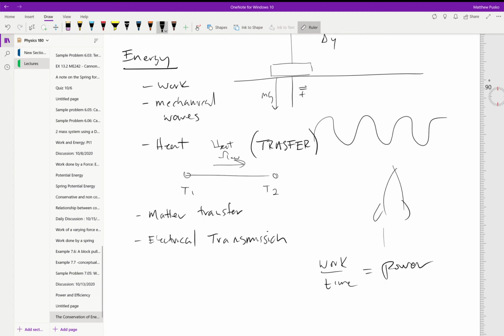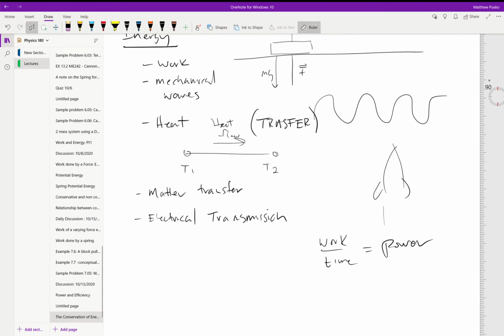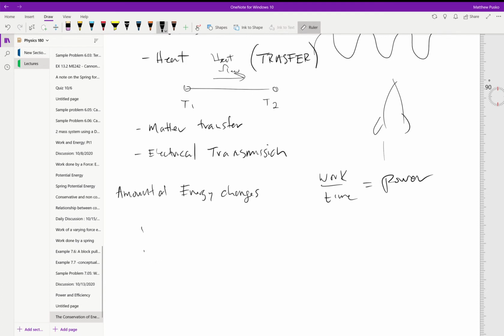And basically what we can say is that if the total amount of energy changes in a system from one of these reasons, it is because it crossed what we're going to call a boundary line.